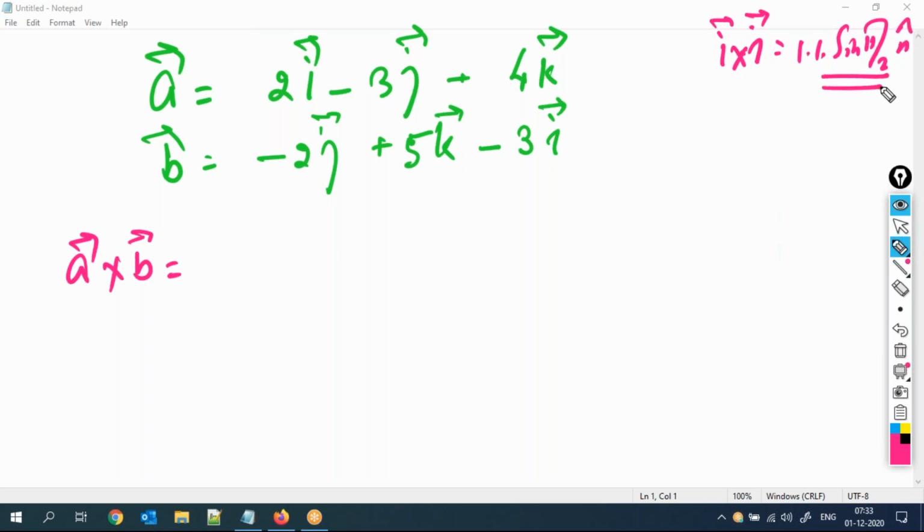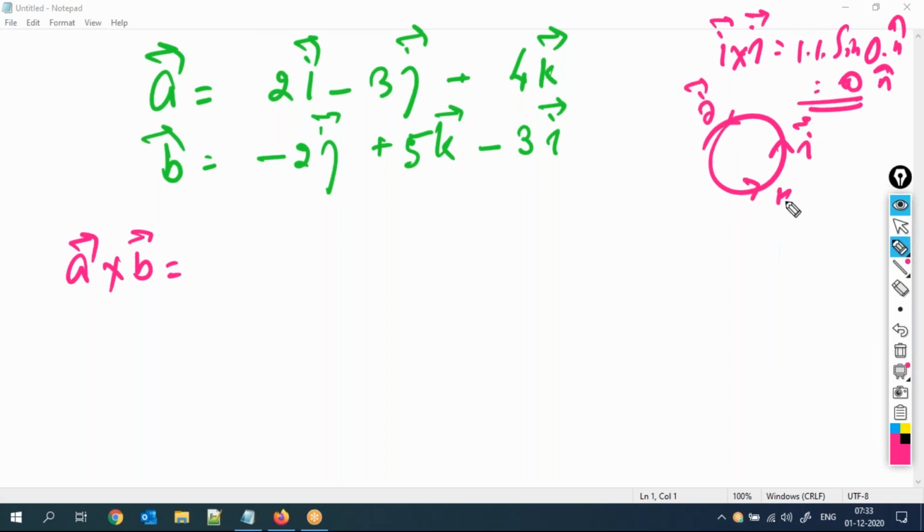This will be sine 0, so in vector I direction, this will be 0. Any question anybody has? No, sir. And IJK, we talked about this, right? Yes, sir.